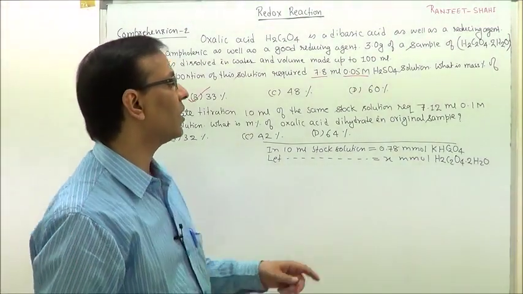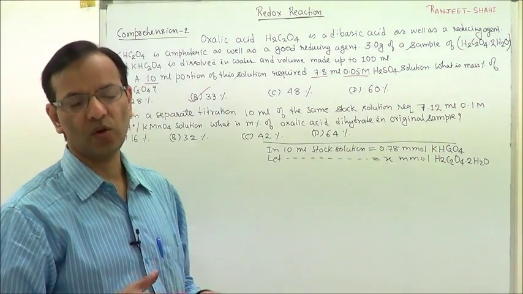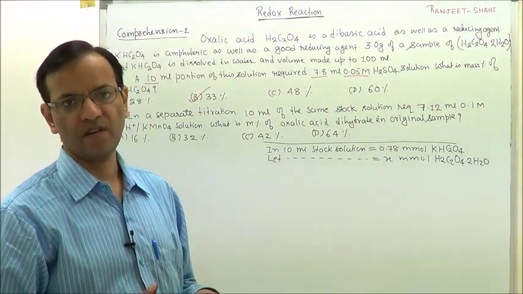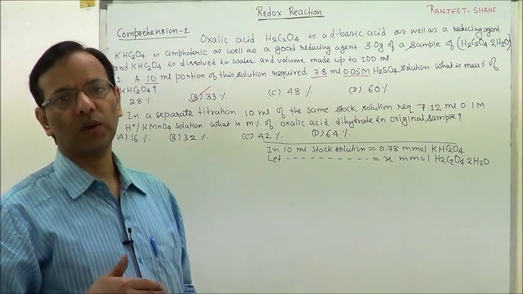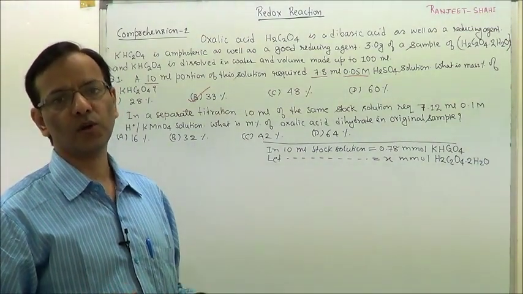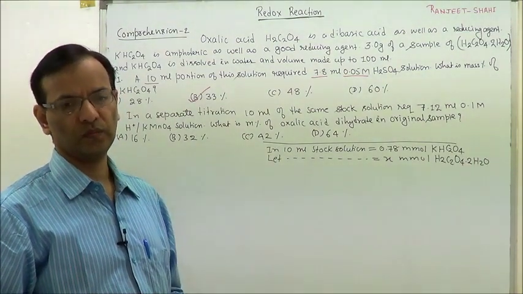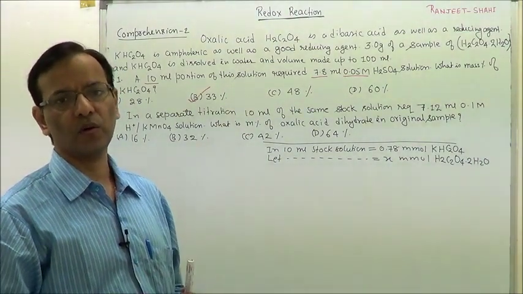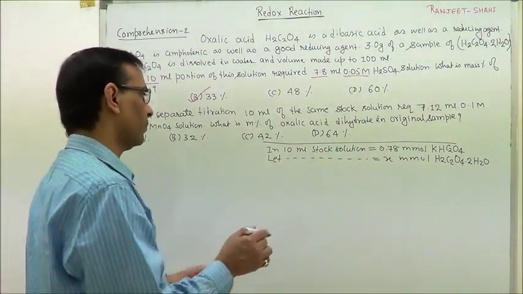Now, N factor of both potassium hydrogen oxalate and oxalic acid as a reducing agent is 2. So, if we want to convert these millimoles into milliequivalent, we will have to multiply them by 2 each, and their sum will be equivalent to the milliequivalent of potassium permanganate.